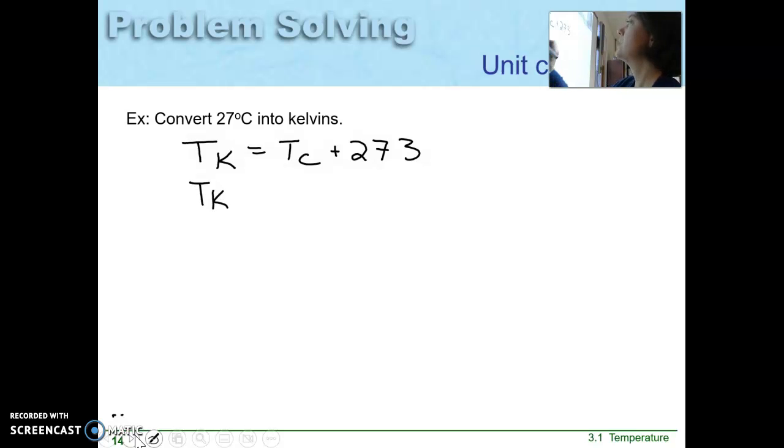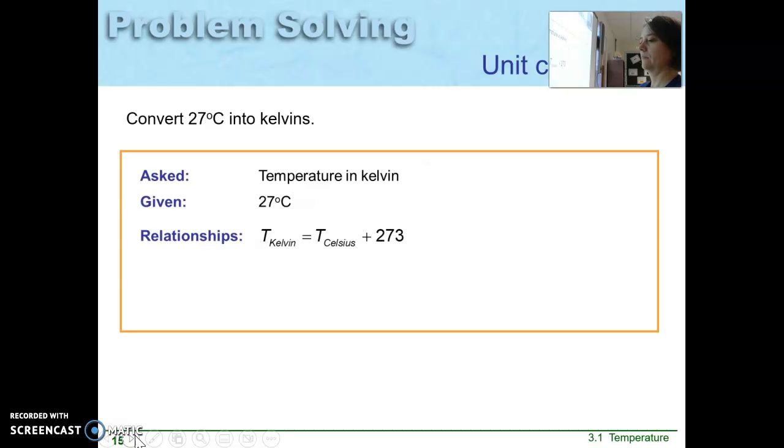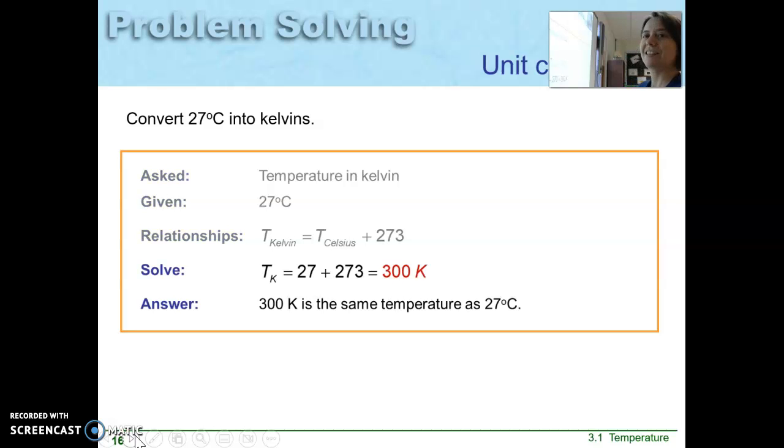T of K is our variable, and the Celsius temperature is 27 degrees, plus 273, and we get T of K equals 300. We don't write degrees with Kelvin, you just write K. All right, looking at how the book went through it, they set it up and got the same thing.